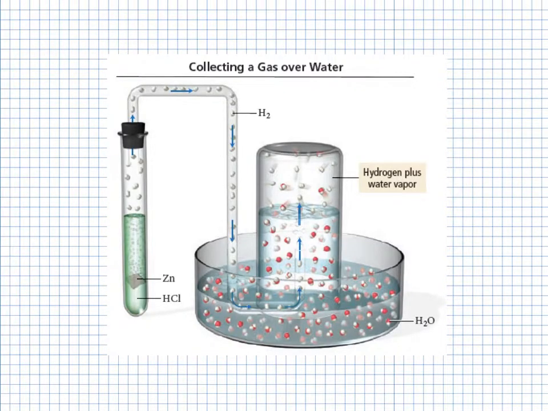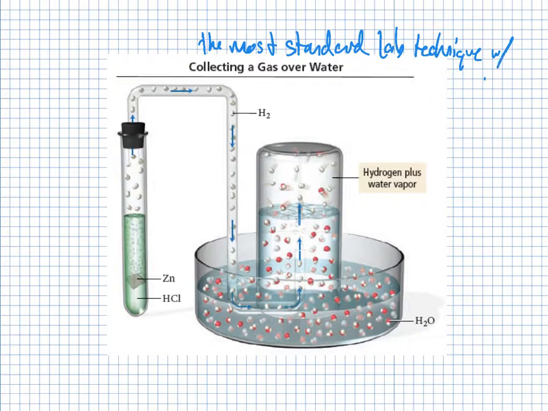Okay, collecting a gas over water. This is essentially the most standard lab technique with gases. We'll pull out some big buckets and some other containers and some flexible tubing, and we're going to do some stuff.